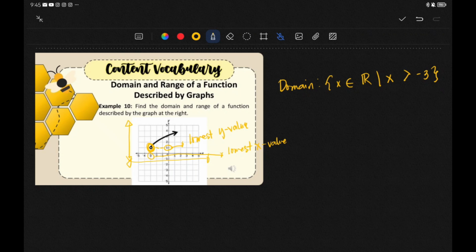This means that positive 1 is the lowest y value, but it is not included because of the hole. So, the graph goes infinitely upward starting from 1. Hence, the range is the set of all real numbers such that y is greater than positive 1.